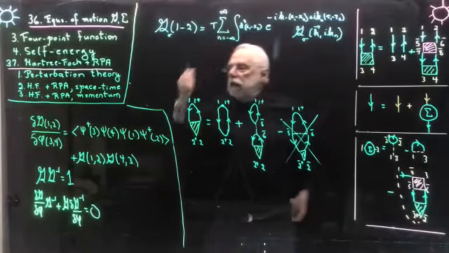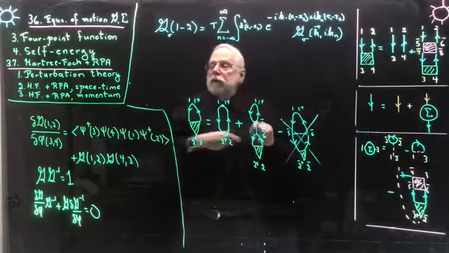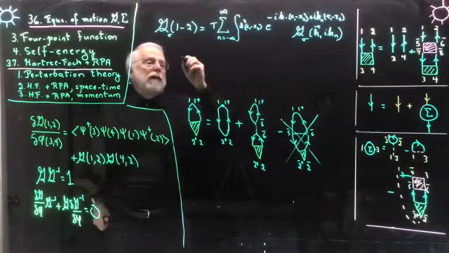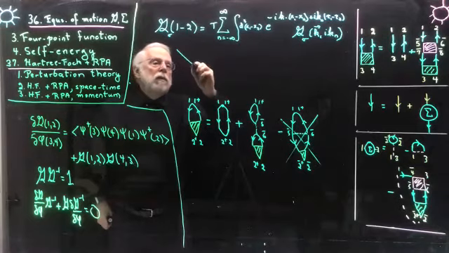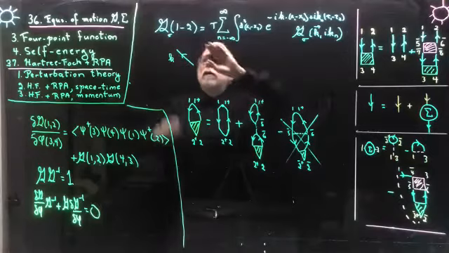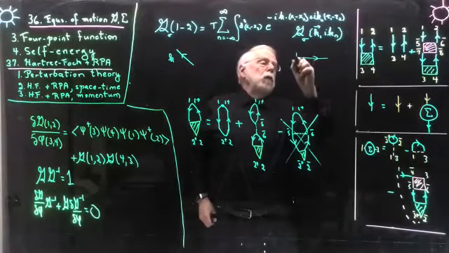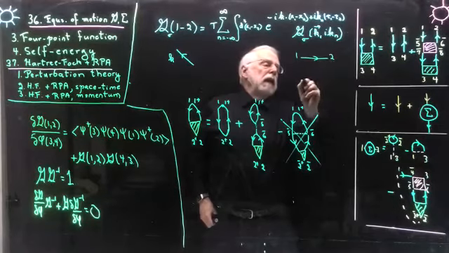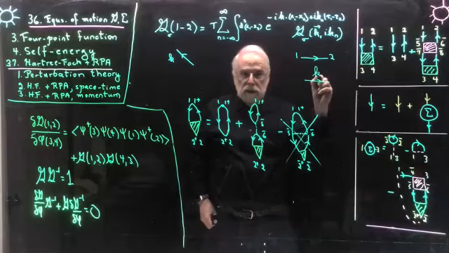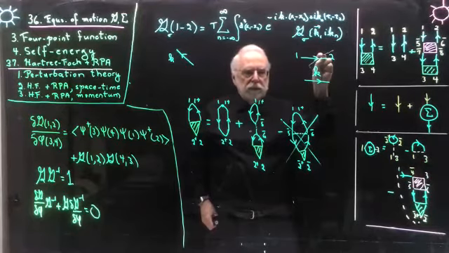Okay, so now here's the big step. So suppose I have a diagram where I have, now you see the Green's function here. Instead of writing as I've done up to now 1, 2 like this, I can write a single Green's function with k like this. Okay, so this is just the Fourier transform of this.